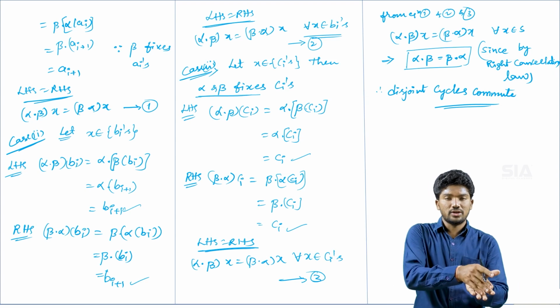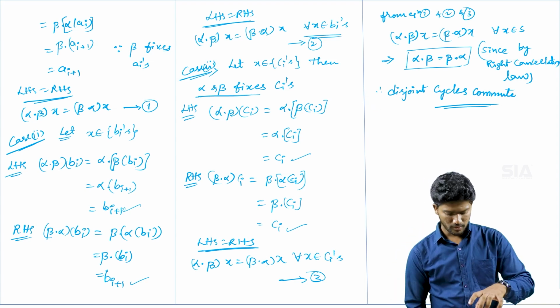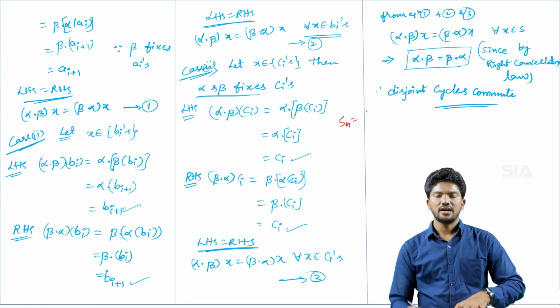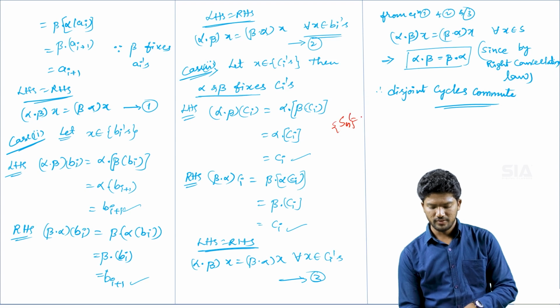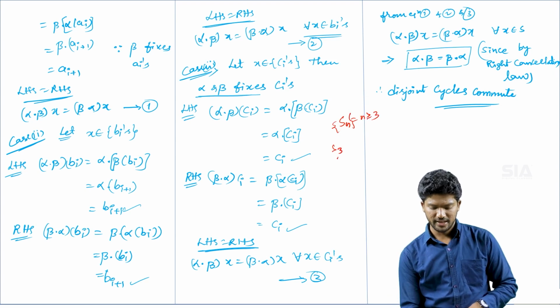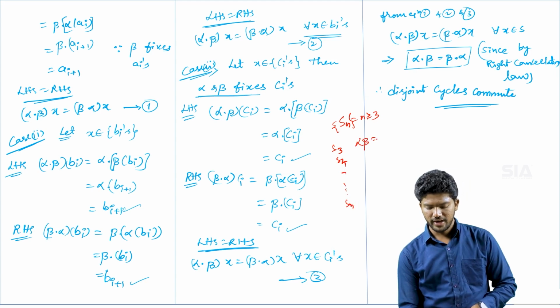In the previous lecture we discussed that the symmetric group S suffix n does not satisfy the abelian group property, for n greater than or equal to 3, from S3, S4 and so on up to S suffix n. In the previous lecture we proved that there exist alpha into beta not equal to beta into alpha.